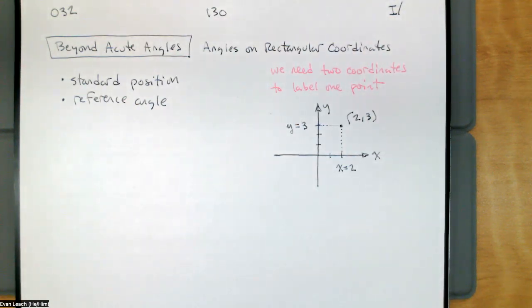If I said the address of this school is 3300, that doesn't make any sense. That's only half of a coordinate for where this school is located on the two-dimensional surface of the Earth. If I said the address is College Drive, that's also not enough. That's only the Y coordinate. I need an X coordinate and a Y coordinate, so I can say 3300 College Drive. That's the first coordinate and the second coordinate.